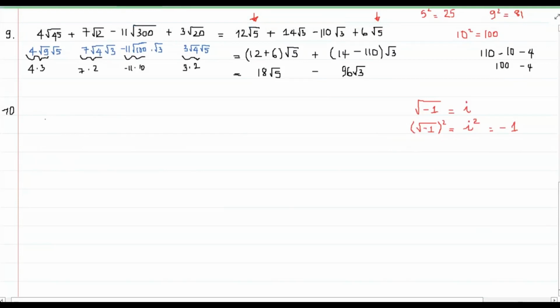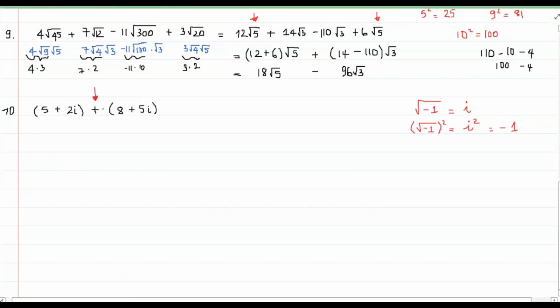We have 5 plus 2i plus 8 plus 5i. First, we notice that this one is not multiplication, right?